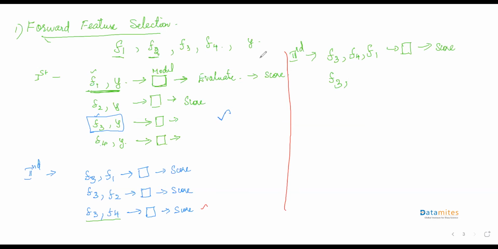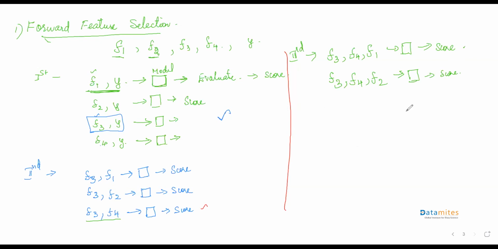And now it is going to take the other feature, which is F2, train the model and get the score. Now it will see which performance is good. So those features will be taken as the relevant features.